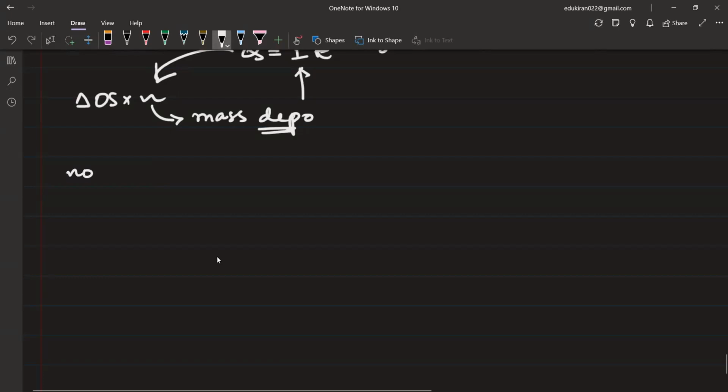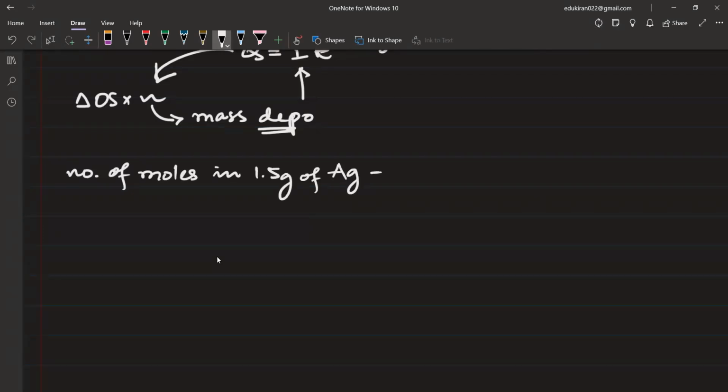So moving on to this question, first of all, what we are going to calculate is the number of moles in 1.5 grams of Ag. So this will be equal to 1.5 grams upon 108 grams per mole. This is the molar mass of silver. You can cancel the grams and you will get 1.5 upon 108 moles.